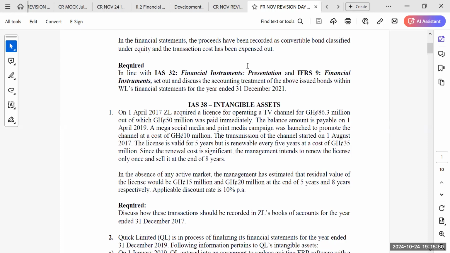All things being equal, you are going to be paying 50 million now, and the remaining 36.3 will be paid in 2 years' time. If you have cash now to pay the supplier, are you going to be paying the same 36.3 million?